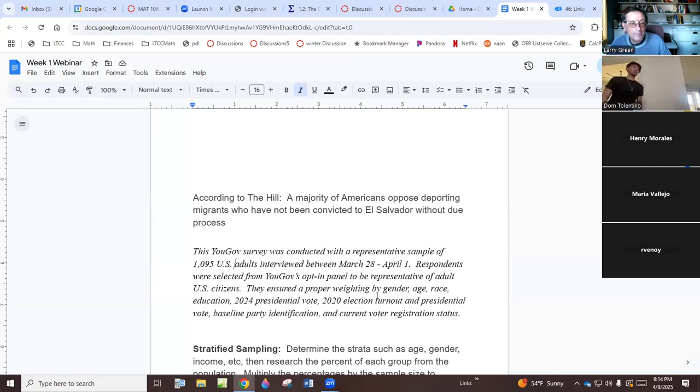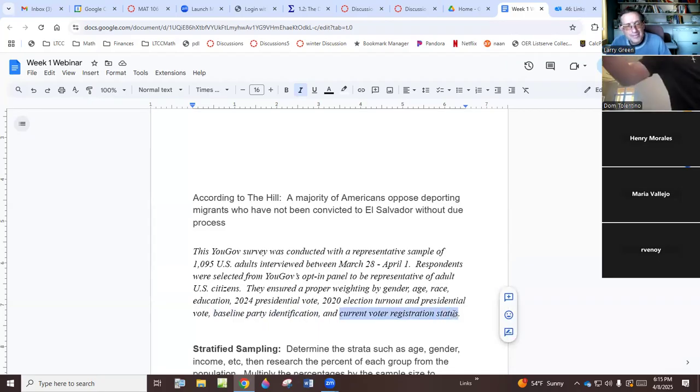They ensured proper weighting by gender, age, race, education, 2024 presidential vote, 2020 election turnout and presidential vote, baseline party identification, and current voter registration status.